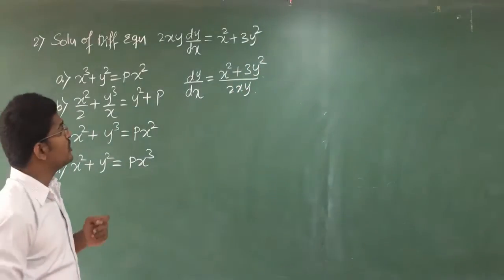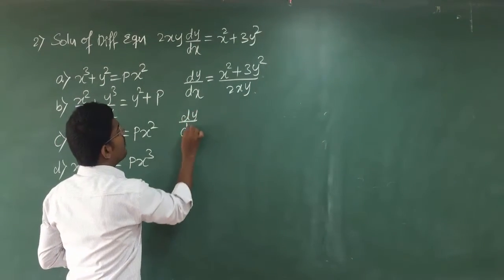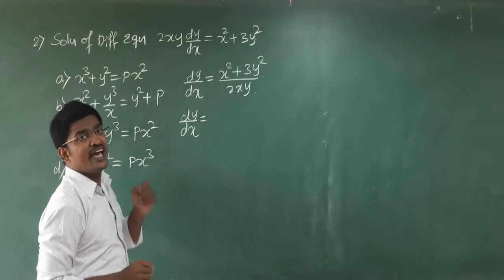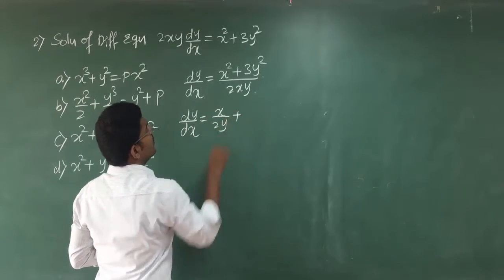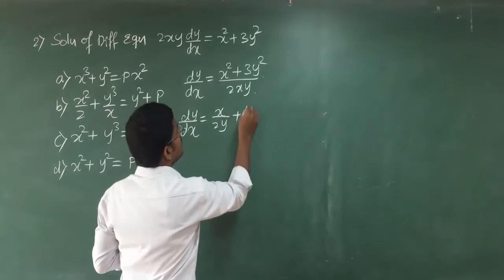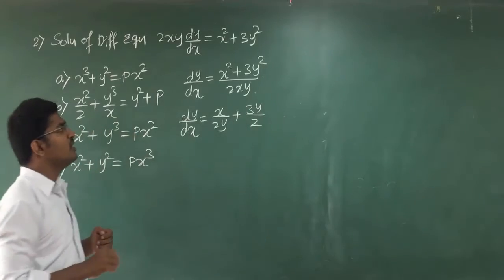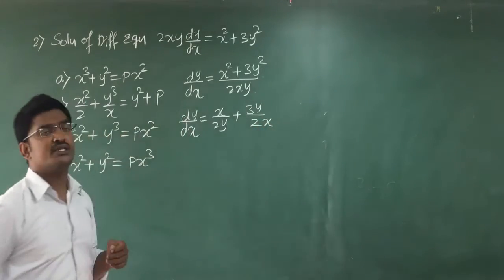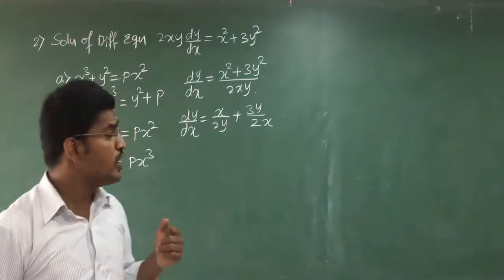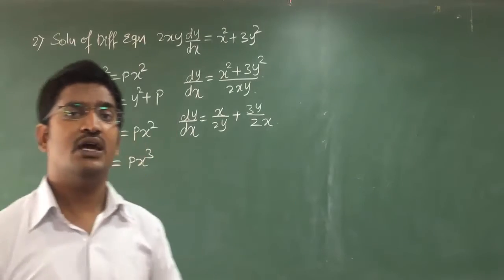Further, if I simplify that, cancel x and x, it will be x by 2y, cancel y and y, it will be 3y by 2x. That means dy by dx equal to x divided by 2y plus 3 by 2 into y by x.